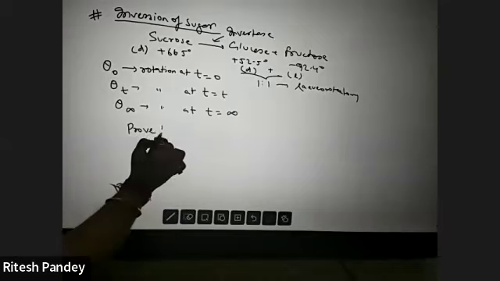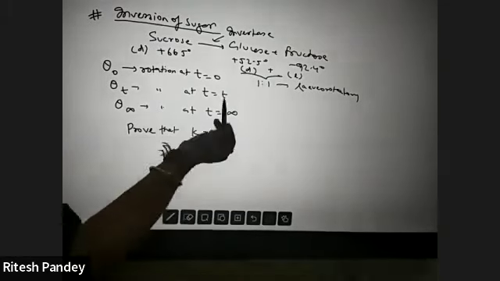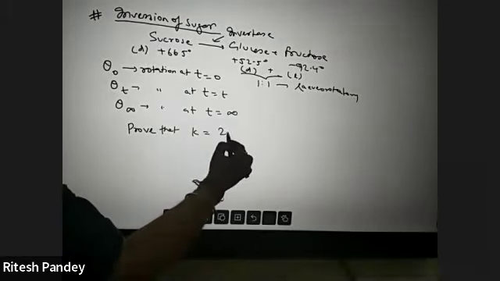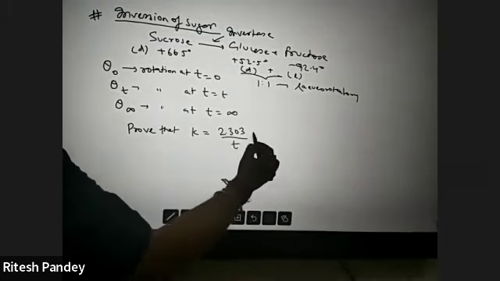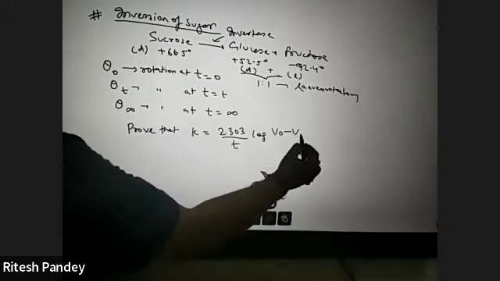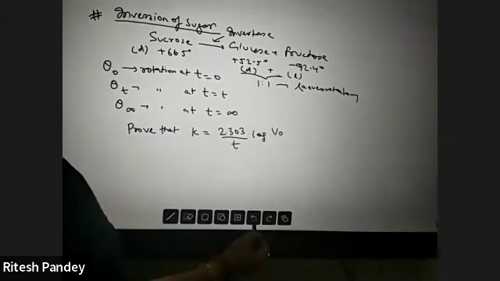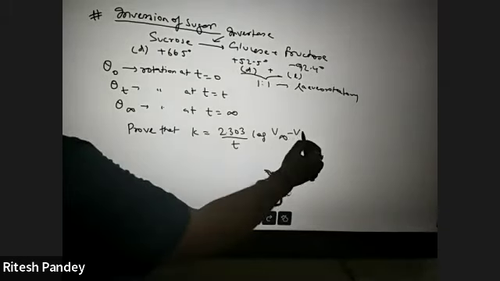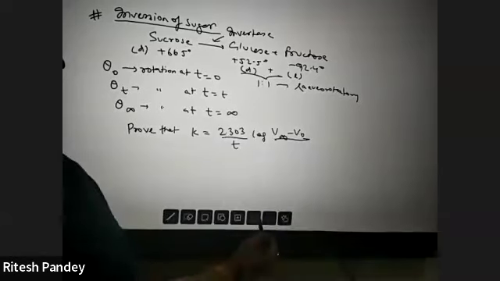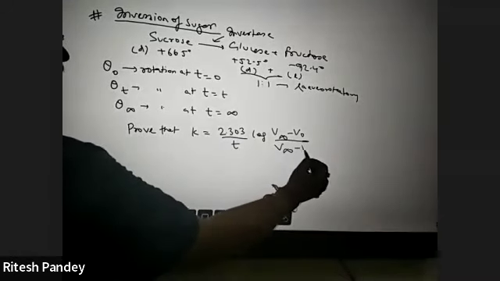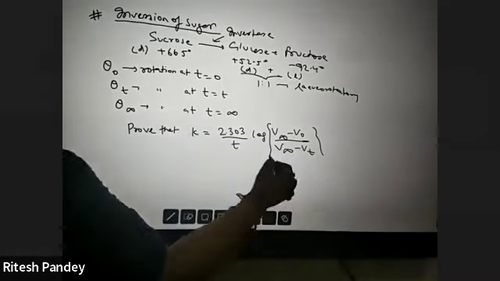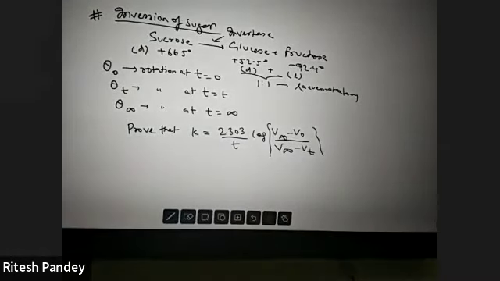Again, what you need to prove is, this being first order kinetics, k is equal to 2.303 by t log of V infinity minus V naught upon V infinity minus Vt. I'm going to solve this for you, don't worry.